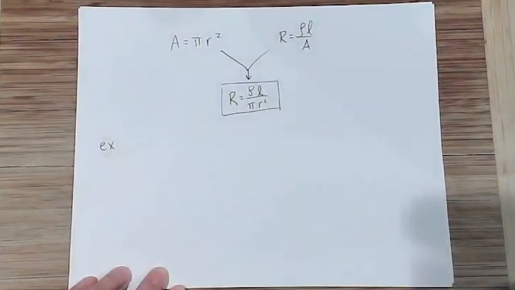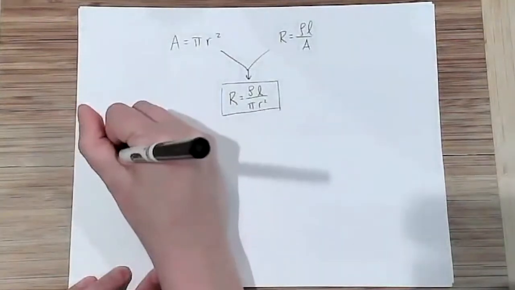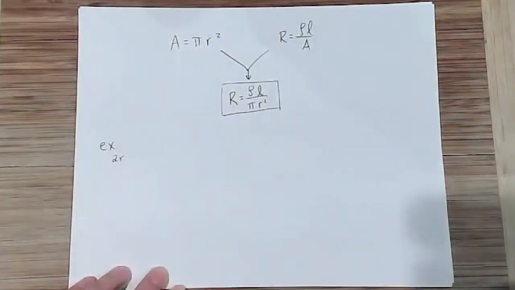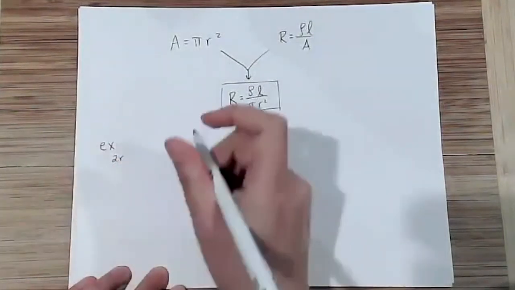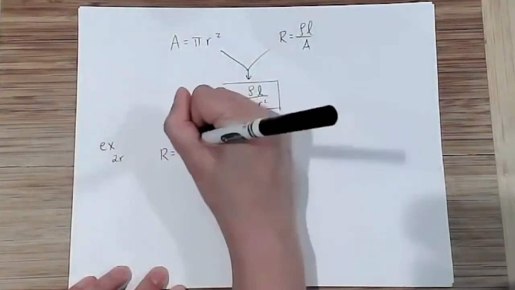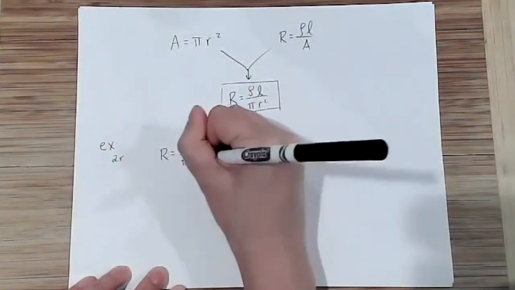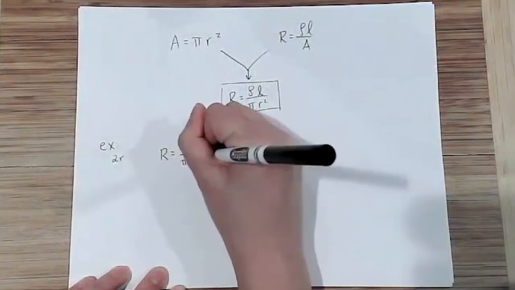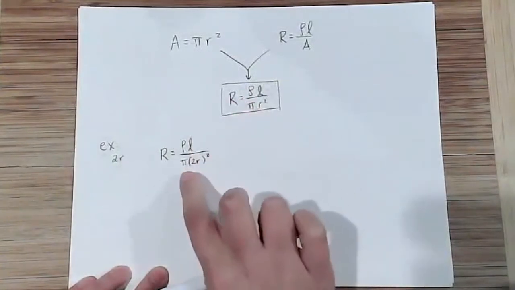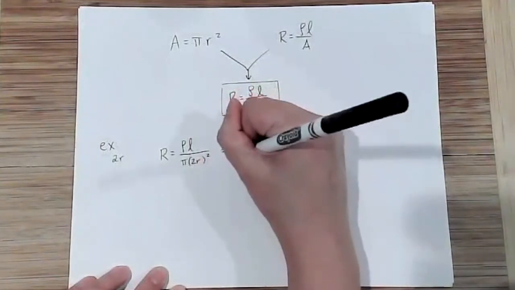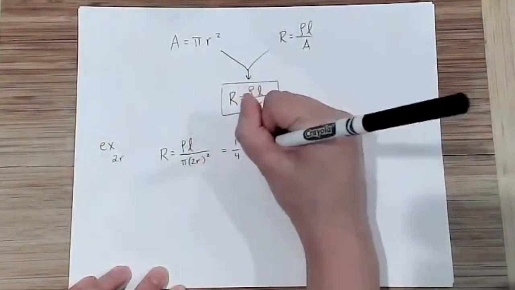If I wanted to do proportions then, and I know that I have twice the radius, notice that my new wire would have actually 4 times the area, because doubling the radius would actually be 2 squared, so 1/4 of the original resistance.